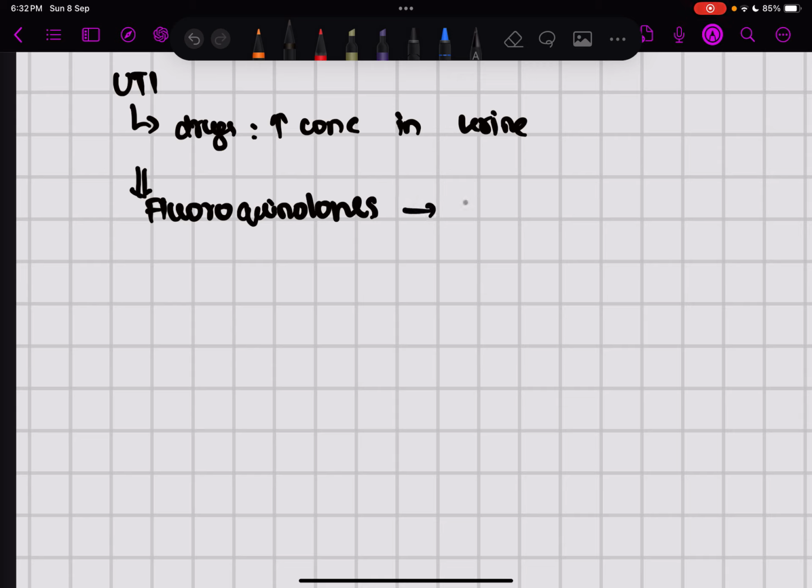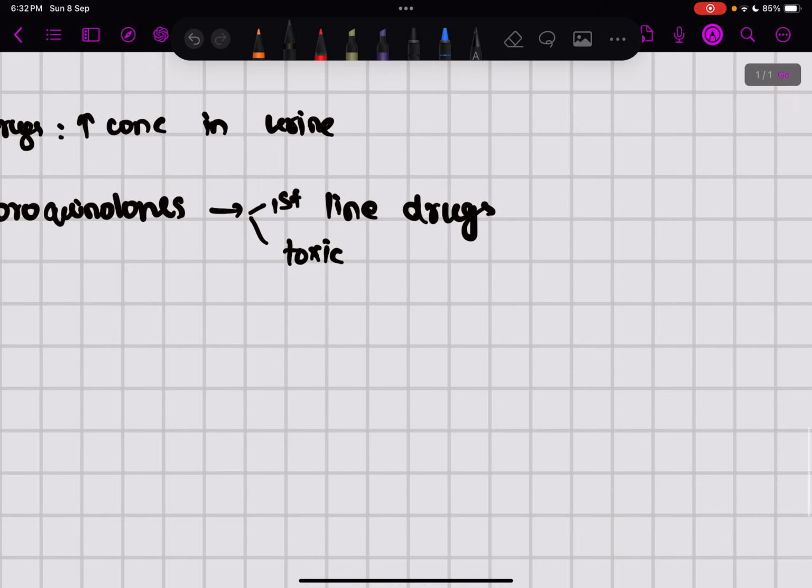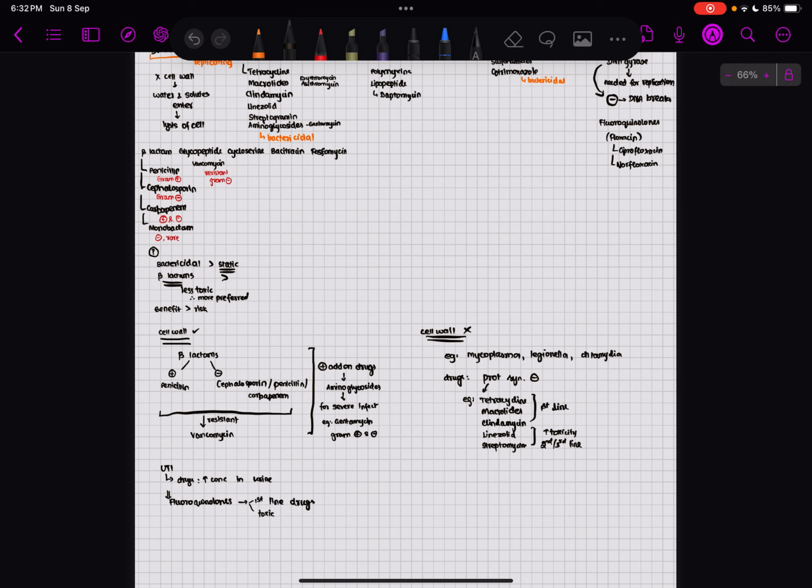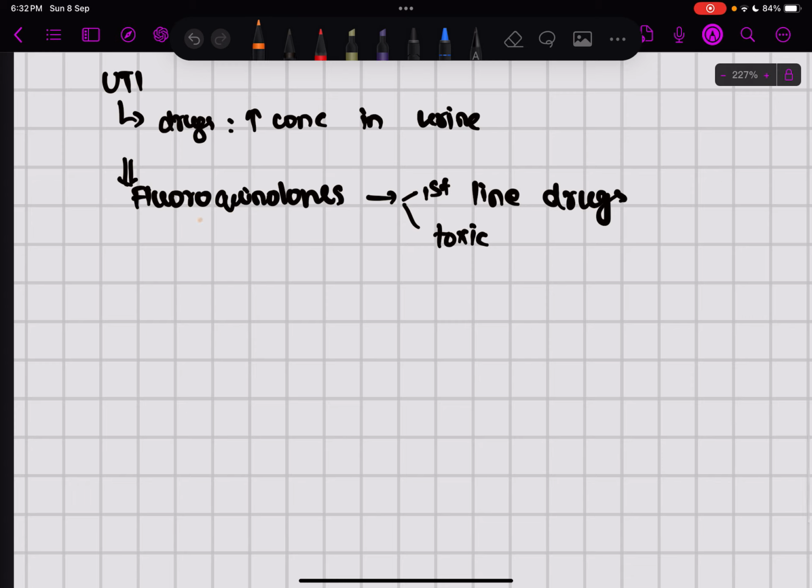They are the first line drugs, but the only unpreferred fact is that they are toxic, so they must be used based on the benefit risk ratio. If the benefits are more, we are supposed to use them. Fluoroquinolones are the drugs which end with floxacin, like ciprofloxacin and norfloxacin.